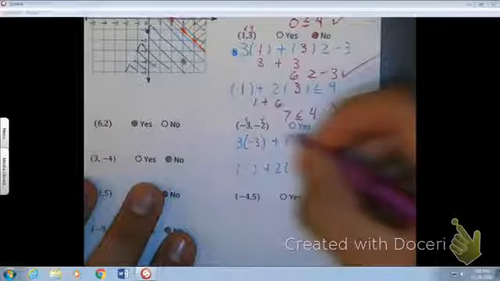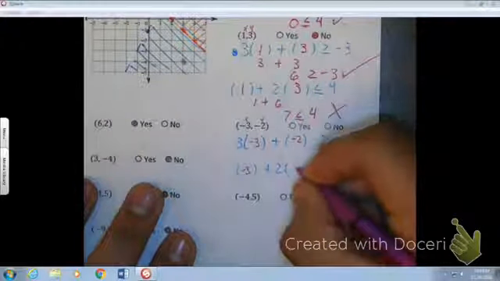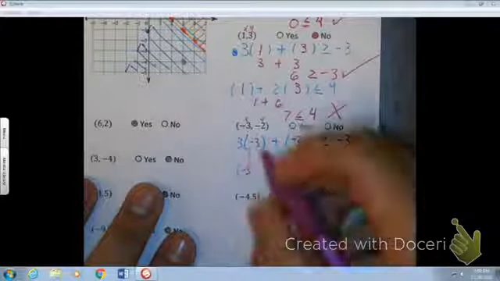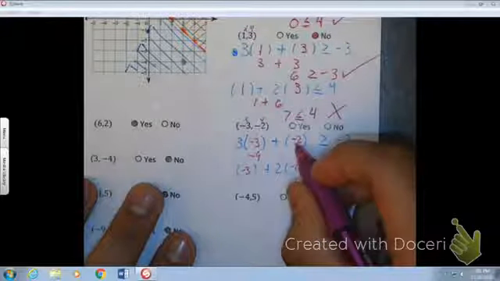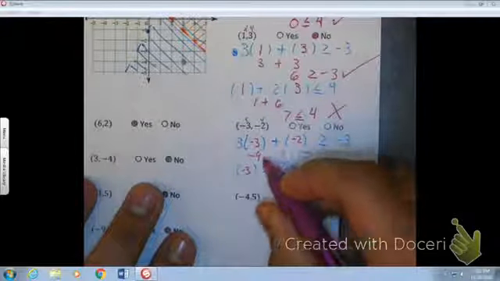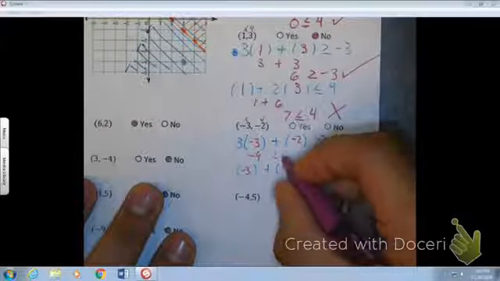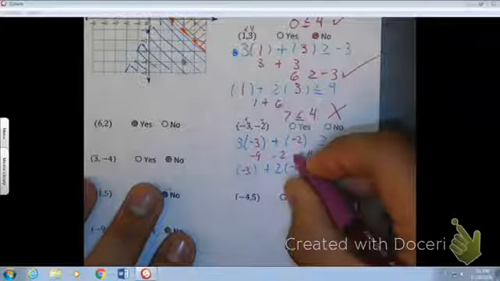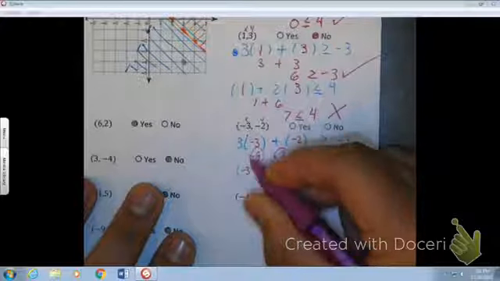Negative 3, negative 3, negative 2, negative 2. Now, negative 3 times 3 is equal to negative 9. Minus 2. If we combine this, it's going to give me a negative 11. So this and this combined is going to give me a negative 11.